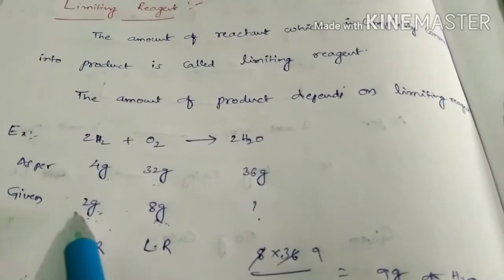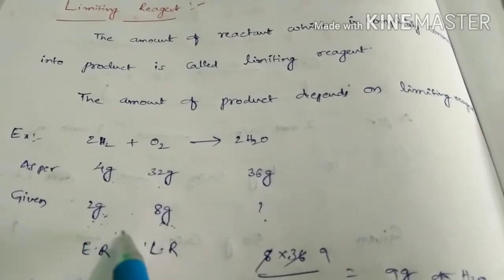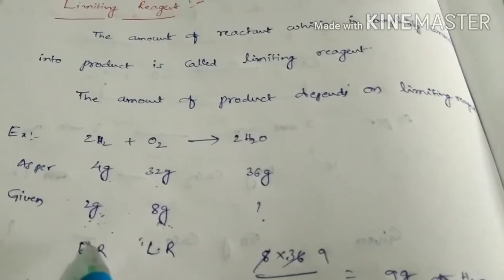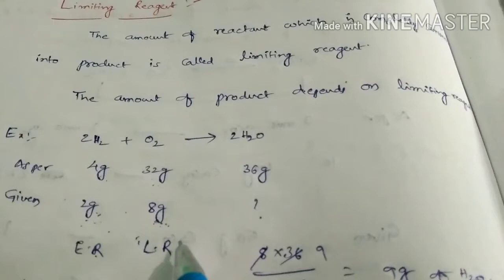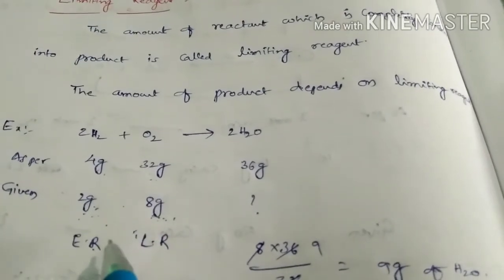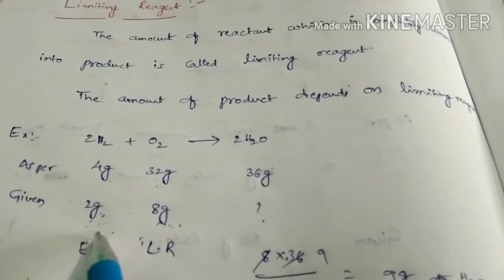So the given amount is more than the required amount, and automatically that will be the excess reagent. If the given amount is less than the required amount, that will be the limiting reagent. This is an important point. If the given amount is more than the required amount, that will be the excess reagent.